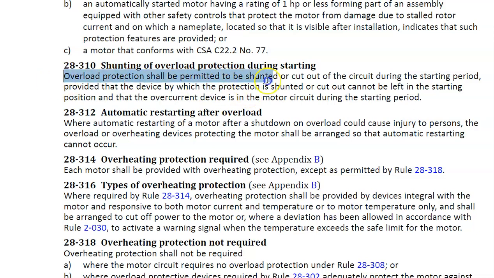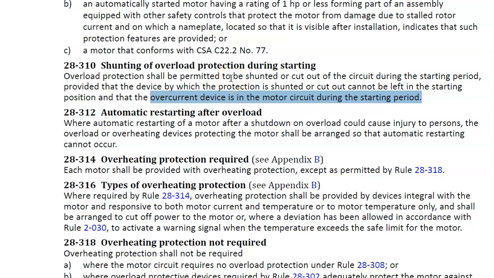We are allowed to shunt it out or cut it out of the circuit during the starting period, provided that the device by which the protection is shunted out cannot be left in the starting position. So what we just talked about, it cannot stay in the start position, and that the overcurrent device is in the motor circuit during the starting period. So they're talking about the fact that we can shunt out the overloads, but we have to leave our overcurrent.